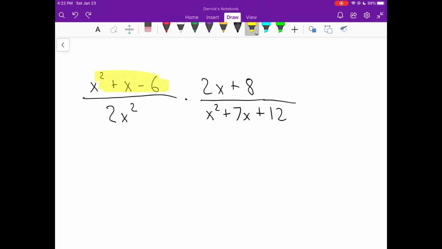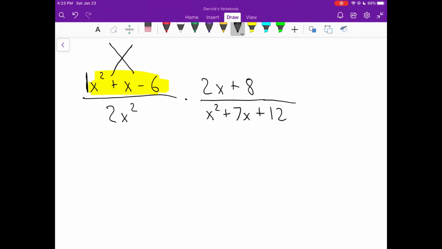Let's start with our first numerator, top left of our problem you could say. We've got x squared plus x minus 6. If we are looking to factor that, the first thing we should always look for is a greatest common factor, a GCF. I do not see one here, so moving past that, we want to look for another way to factor it. As you know, if you've already watched my factoring video on here, I like to do it by what I call the x method.